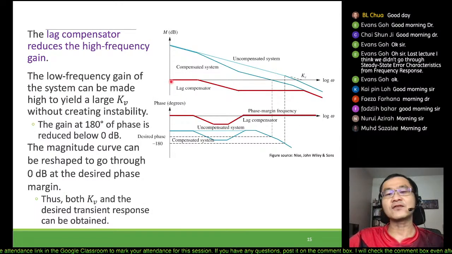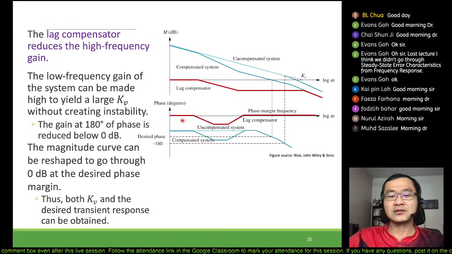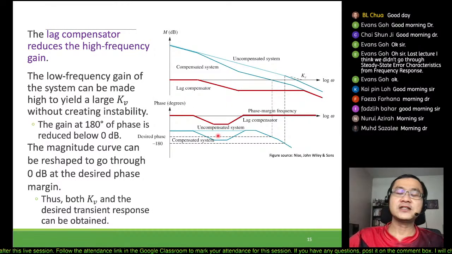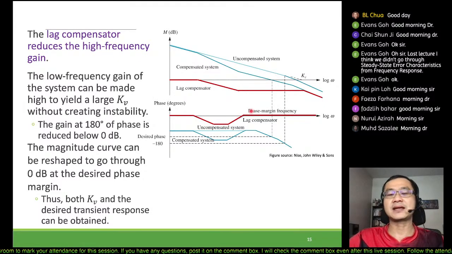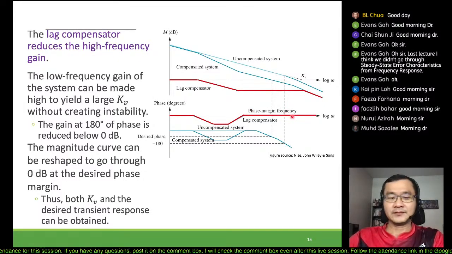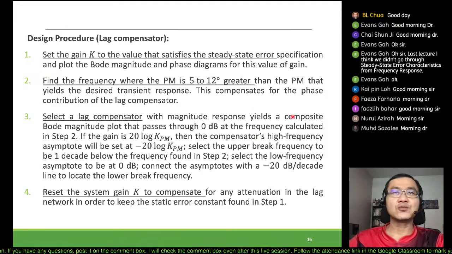The characteristic of the lag compensator is that it has a component of this minus slope before it returns to the original one. The corresponding phase plot, due to this slope, will change downwards again before it turns back upwards, right? So that is how it looks for a lag compensator.